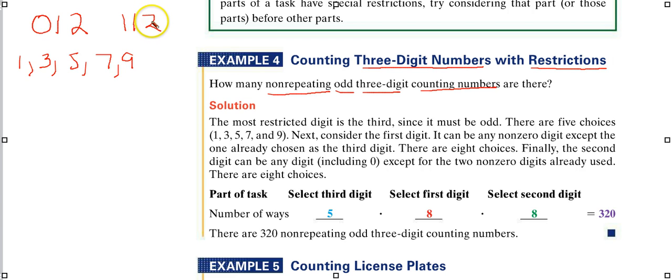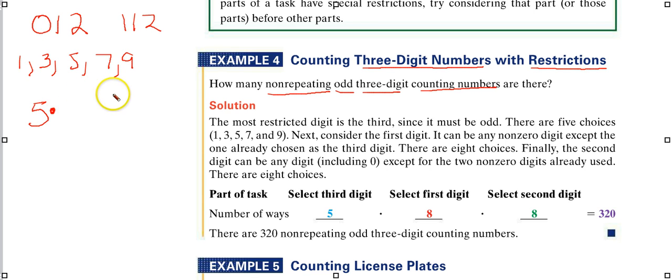So the restriction is, what makes something an odd counting number? Well, its last digit has to be odd. And of our symbols, how many odd symbols are there? And there are 5. So we're using the restriction as our first item, and so we're limited to 5.